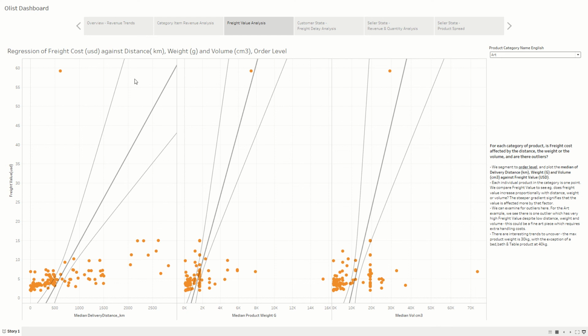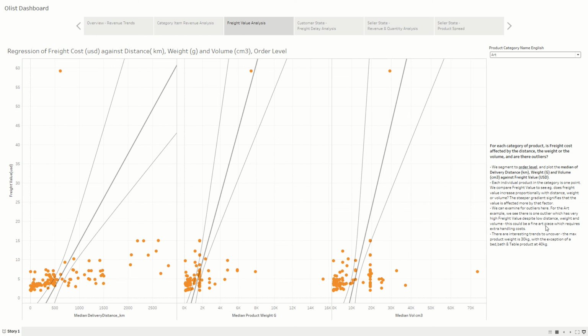This one, though, has a really high freight value, but it's a comparatively short distance. The weight is not in line with the rest, and the volume is not really remarkable, but it's a really high freight value for it, way above the average. So this could be, for example, a high-end art piece that you might have.